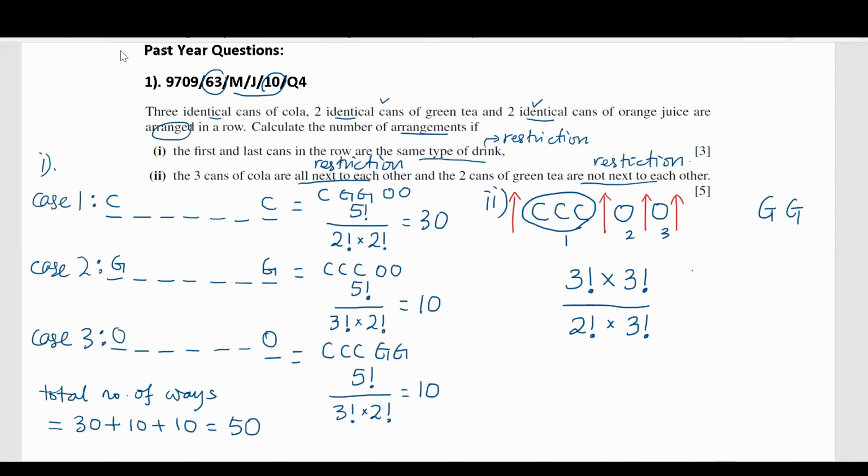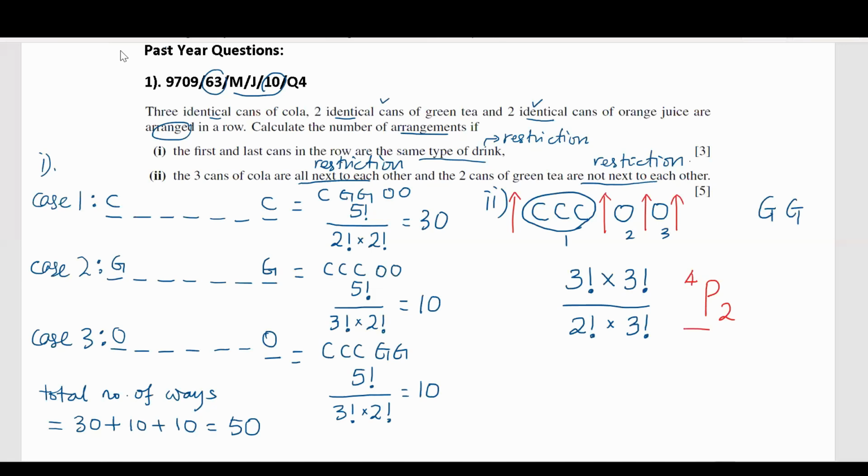That means there are 4 different places where I can simply select two of them and arrange the two green tea. Right? So the number of ways is given by 4P2.